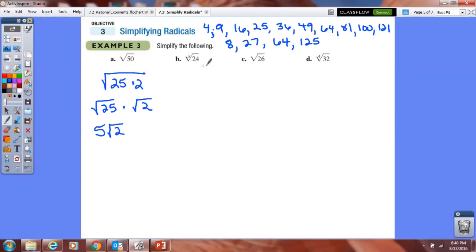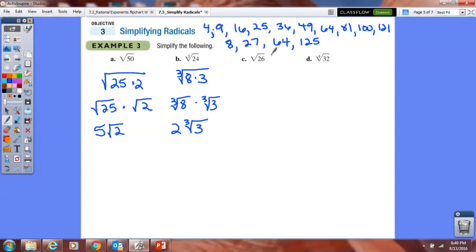Here we got a cube, so we're going to look at our list here and think, okay, well obviously 27 and 64 and 125 are not going to work. 8 is a factor of 24, so let's break it into 8 times 3, and we'll do the cube root of 8 times the cube root of 3, which will be 2 cube root of 3.